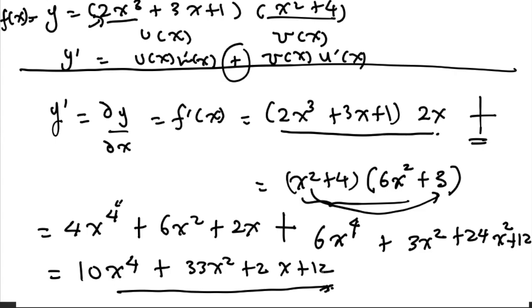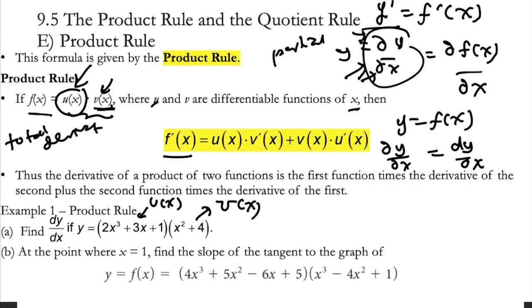Alright. Now, there is another example here, example B. At the point where x equal to 1, find the slope of tangent to the graph of this. So the slope of tangent at x equivalent to 1, how do you find it? That means from y here you need to find y prime or f prime of x, isn't it?